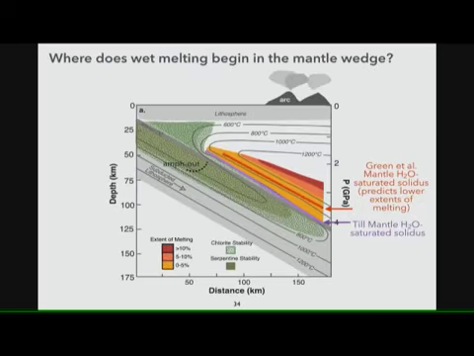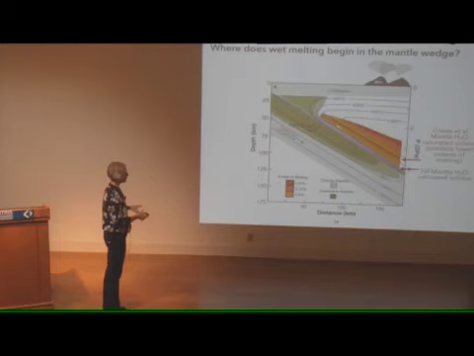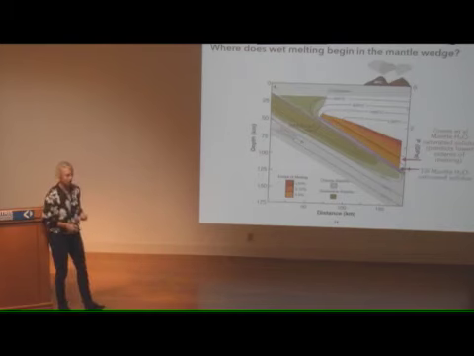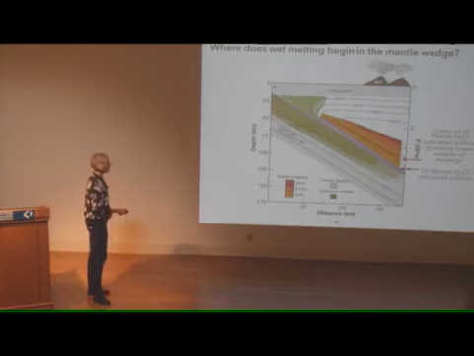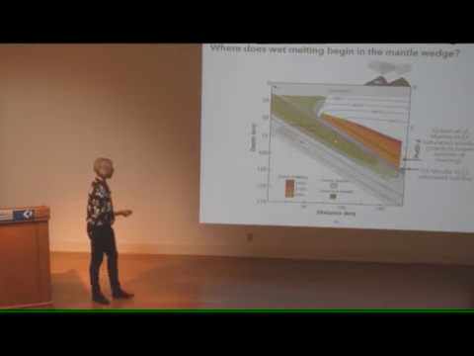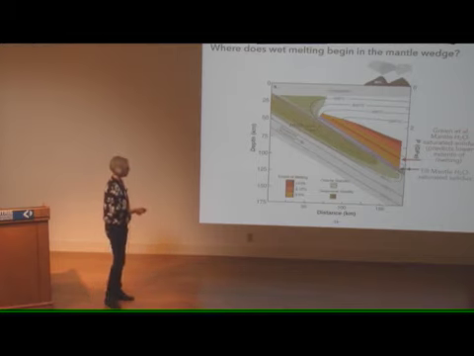So if you were to accept the Till and Grove and Mysen and Boettcher water-saturated solidus, the big implication is this. When you put it on a subduction zone, we have this range here of the altered oceanic lithosphere that's dehydrating, and the water contents that we've shown are consistent with triggering melting here in experiments at 800 degrees C for this range.